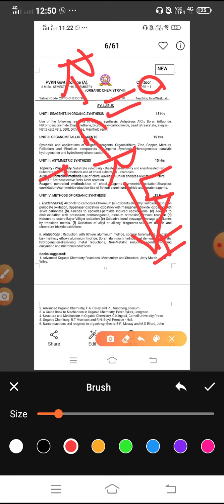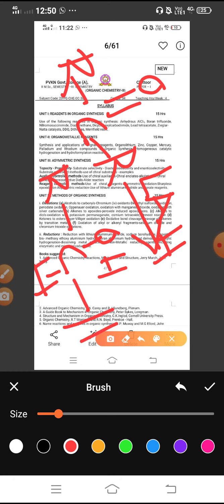So the product is R-CH(OH)-R. So ketones are converted into alcohols, but here the carbon has 2 alkyl groups, 1 and 2. So this carbon is a secondary carbon, so it is called a secondary alcohol.